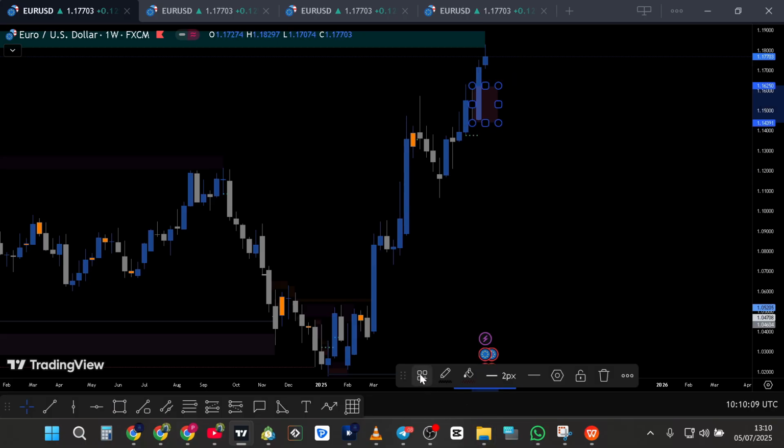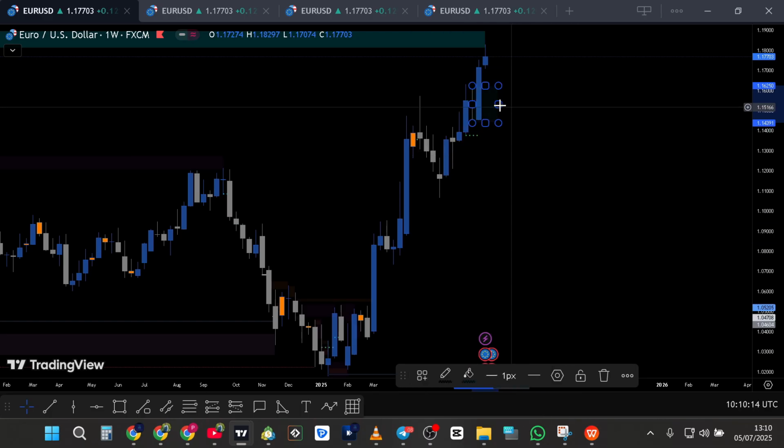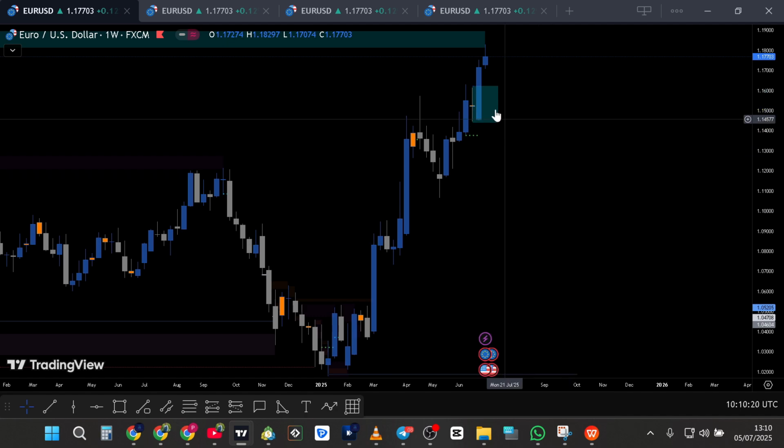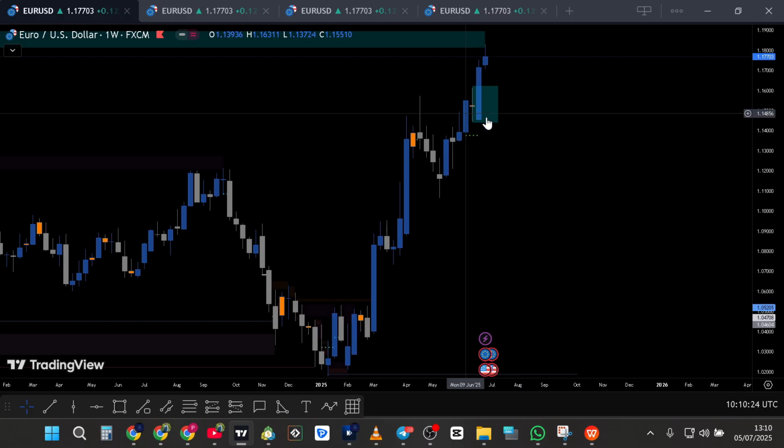So let me just change this to weekly. I think it will come to the right color. Let me try and place that bright. Okay, like that. So it is in this pullback that maybe I'll be expecting price to come to, or if it does breach it, then we'll be looking at change of character and possibly some few moves to the downside, or rather the reversal.